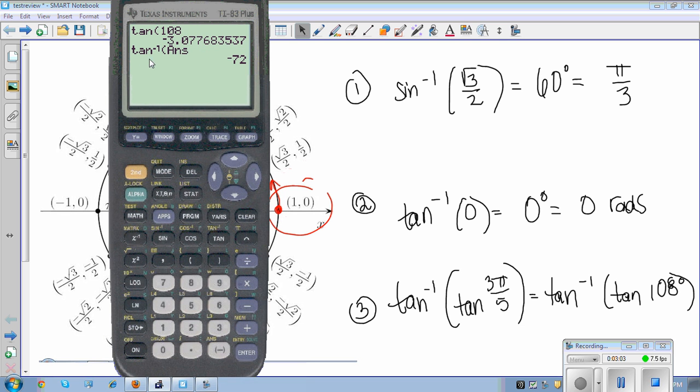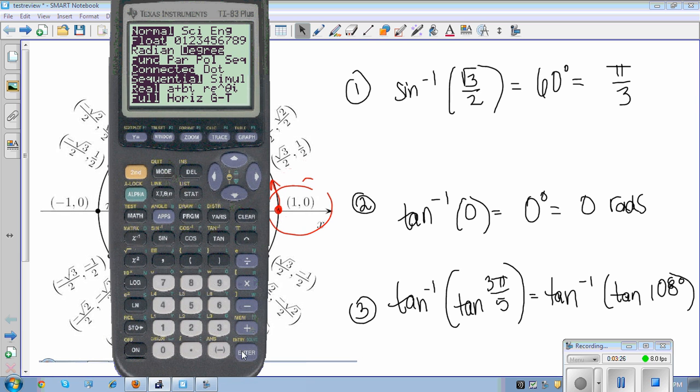When I take the inverse tan and ask what angle would give me this tangent, I don't get back 108. I get back the 72. And 2 pi divided by 5 is 72, oddly enough.